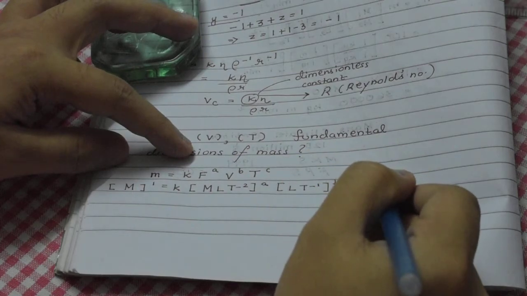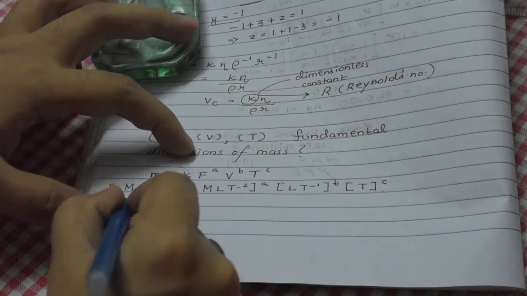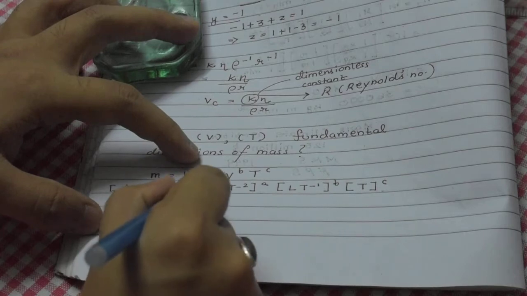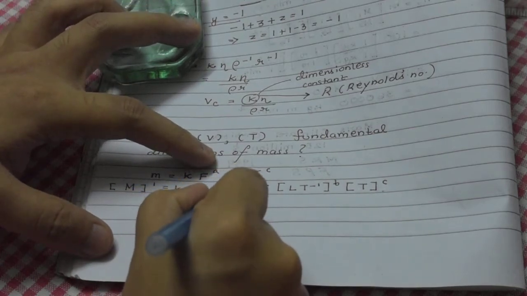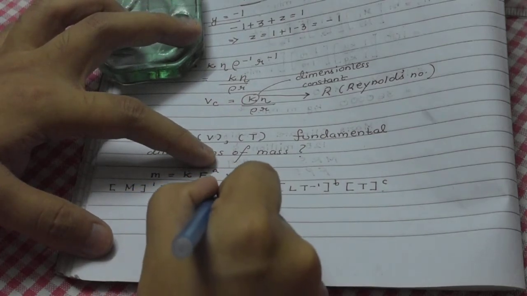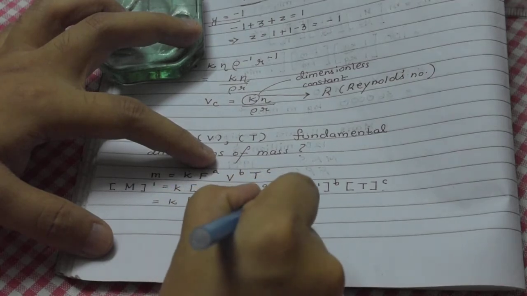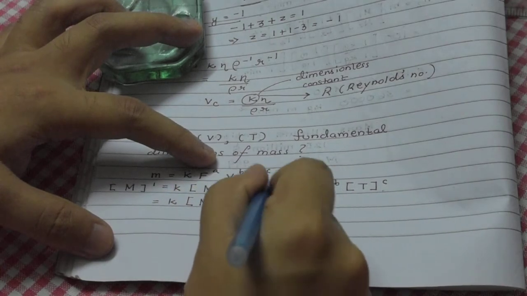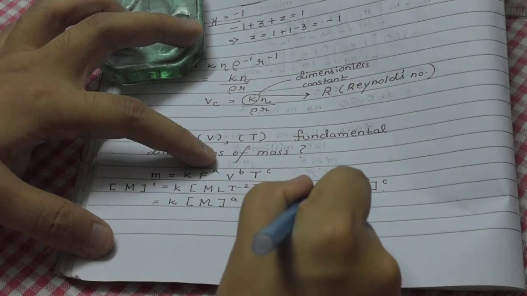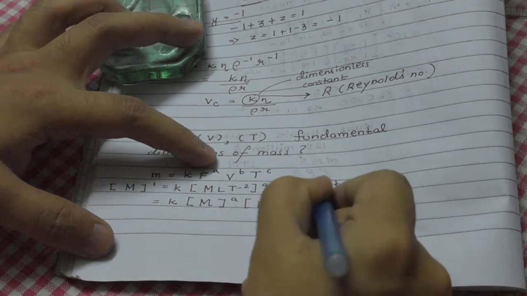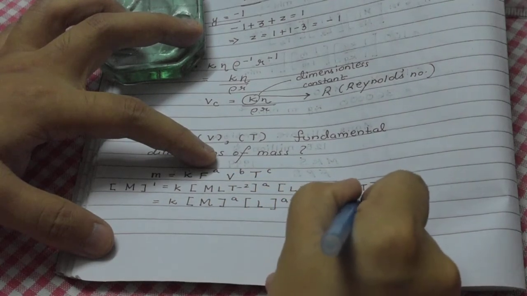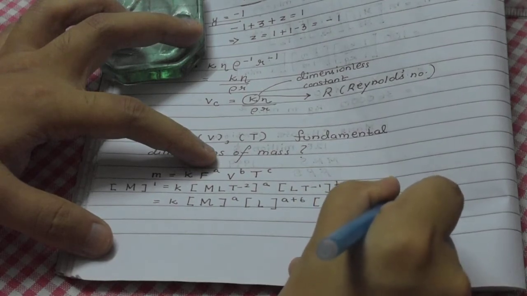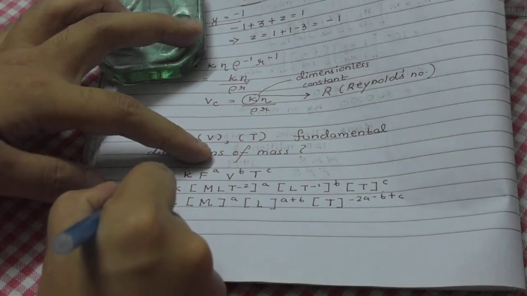And then if you equate units on either side, this becomes k times M to the power a. You get L to the power a plus b, and you get T to the power minus 2a minus b plus c, and on this side you have got only M.